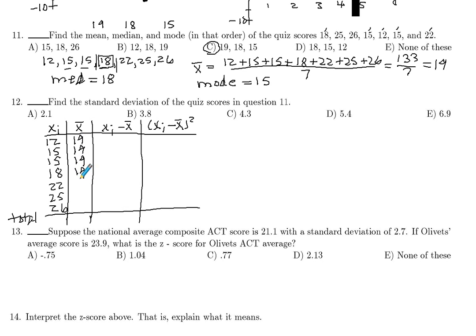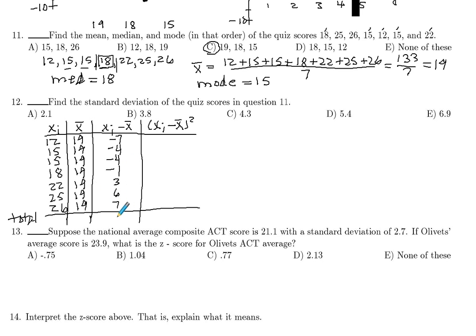And then we're going to subtract 19 from each of the data values. So that's the deviation. So 12 minus 19, negative 7, 15 minus 19, negative 4, 15 minus 19, another negative 4, 18 minus 19, negative 1, 22 minus 19, 3, 25 minus 19, 6, and 26 minus 19, 7.